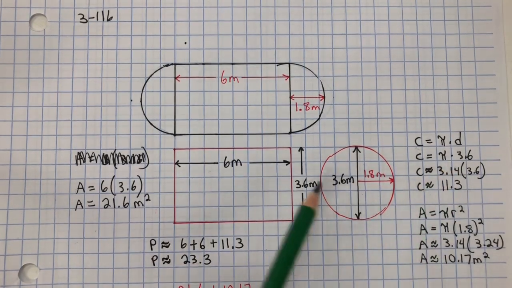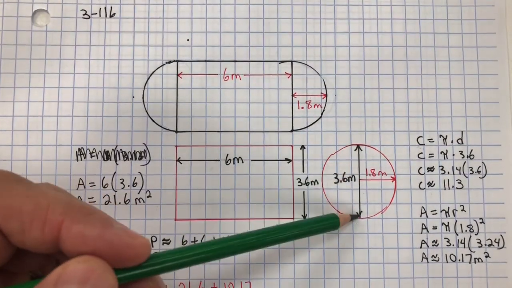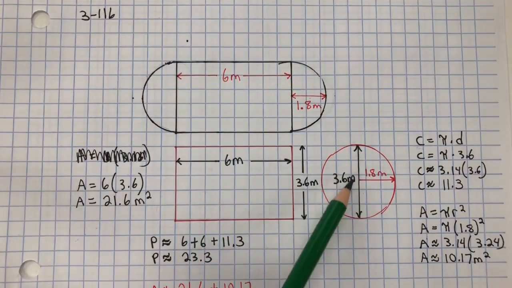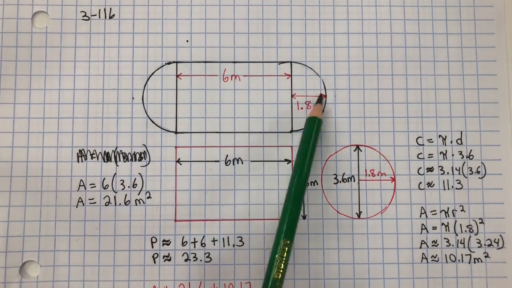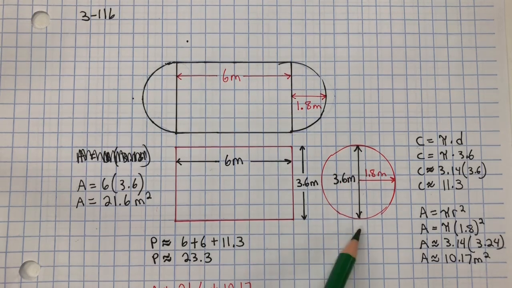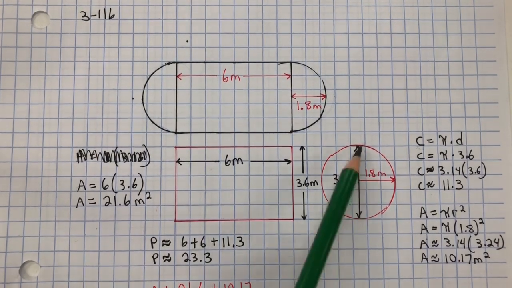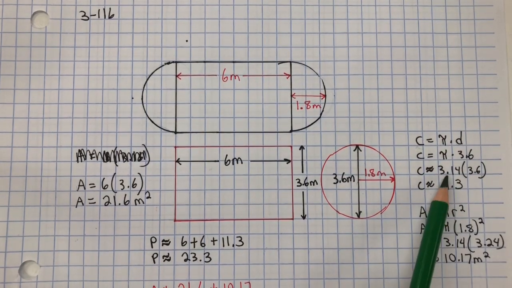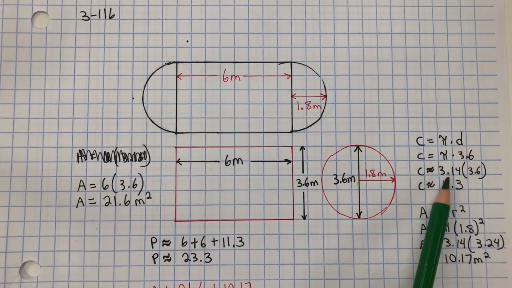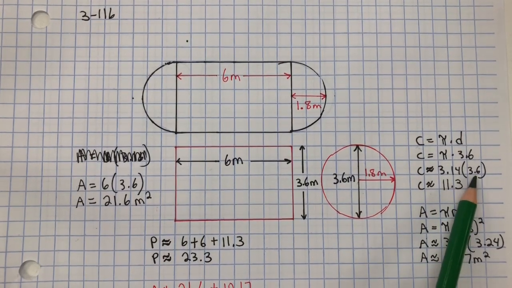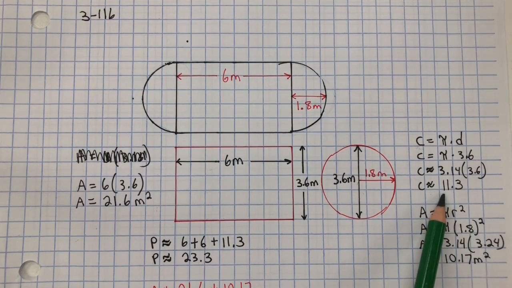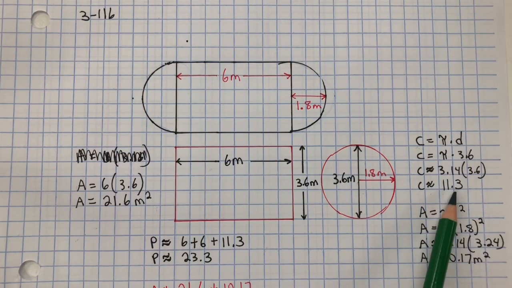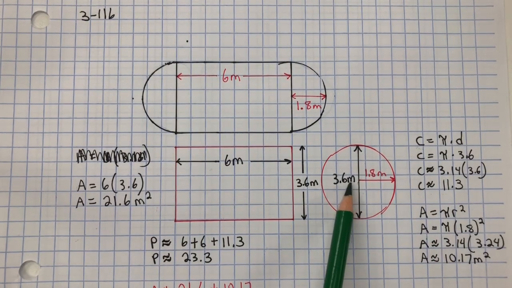And the diameter, remember, is the distance that goes across the circle through the center point. And we were given the radius right here, so we double the radius and you get 3 6/10. That's the diameter. And so it's pi multiplied by 3 6/10. I have the approximate value of pi, 3.14, multiplied by 3 6/10, which gives me the circumference is approximately 11 3/10, and then the unit of measure is meters.